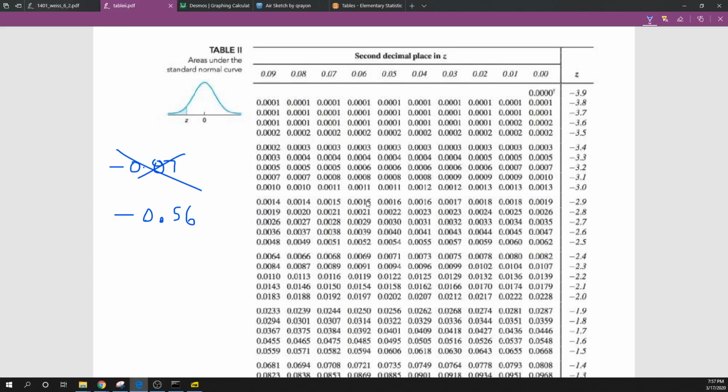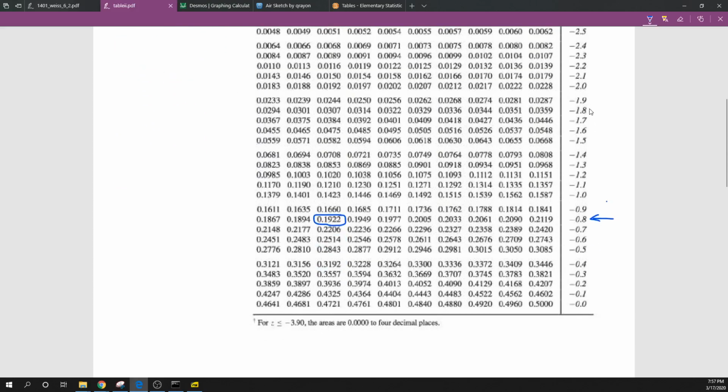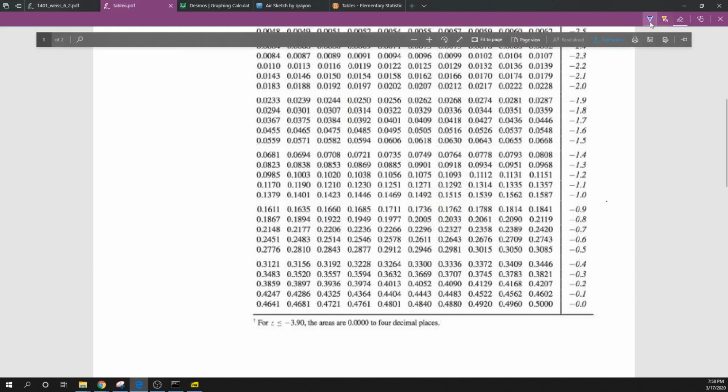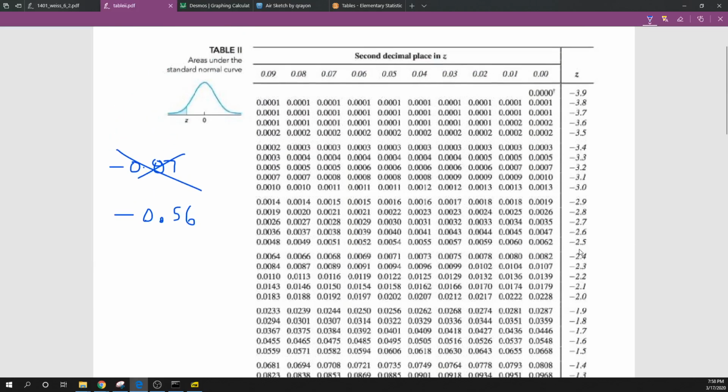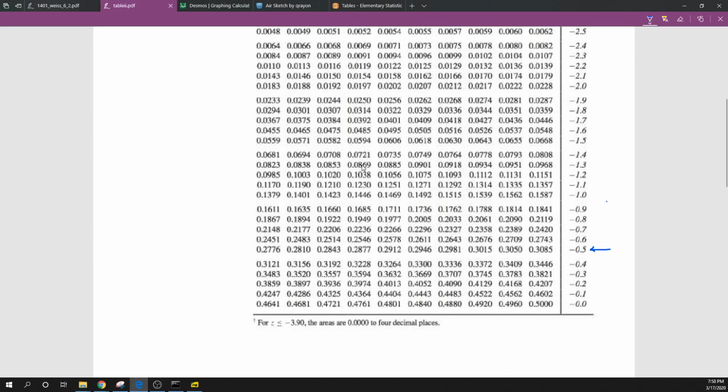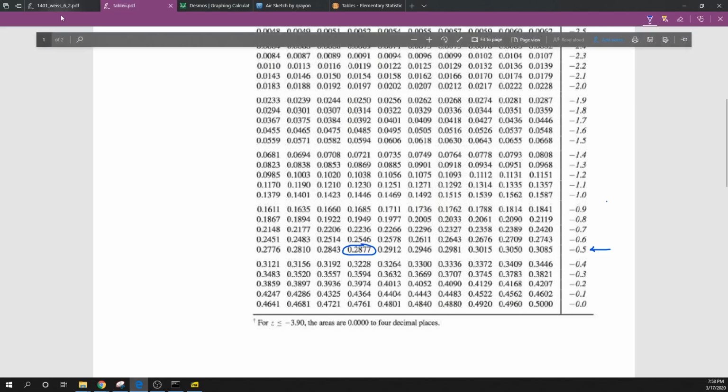We would look up -0.5. Let me erase these old things, which is right here. And then 0.6, and that's going to be 0.2877.